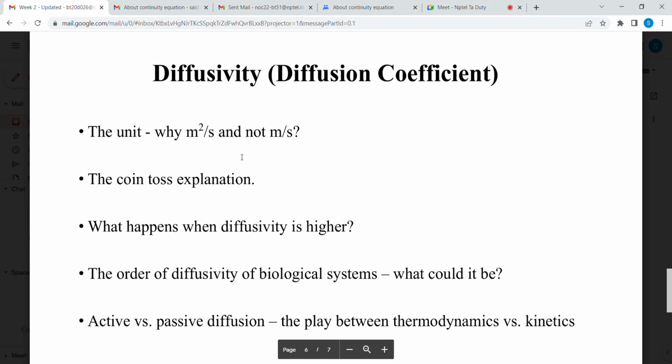But there are some interesting thoughts on this proportionality coefficient. It's called diffusivity or diffusion coefficient. I typically call it diffusivity because it's fewer words. The unit is meter square per second.